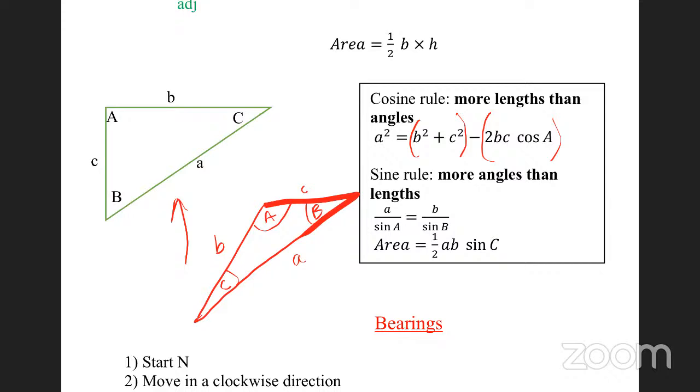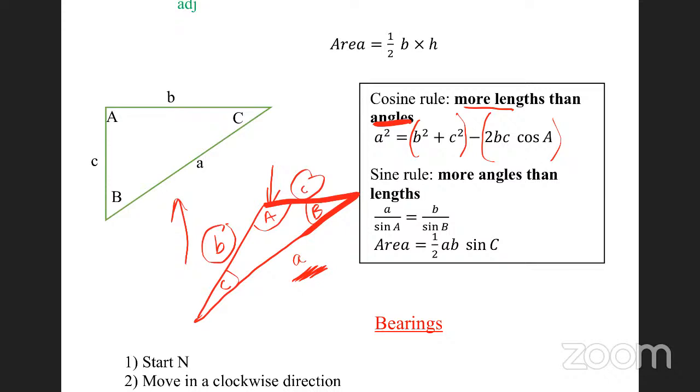How do you know when to use the cosine rule? You use the cosine rule whenever you have more lengths than angles, or whenever you have two lengths and the angle in the middle. When you have two lengths and the angle in the middle, most times you have to find the opposite length. Cosine rule.